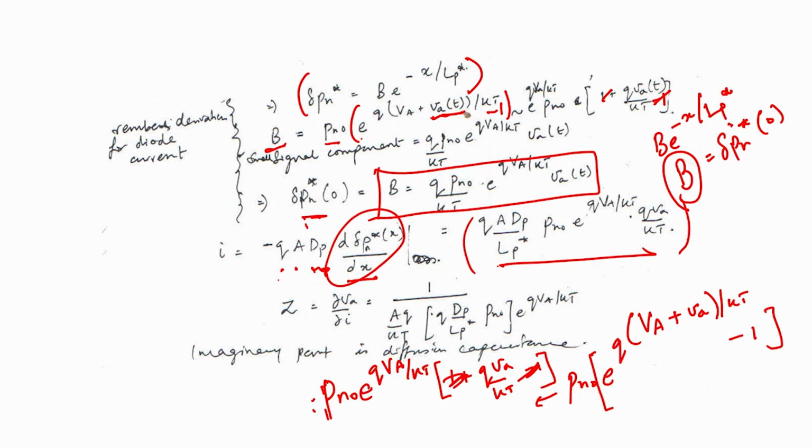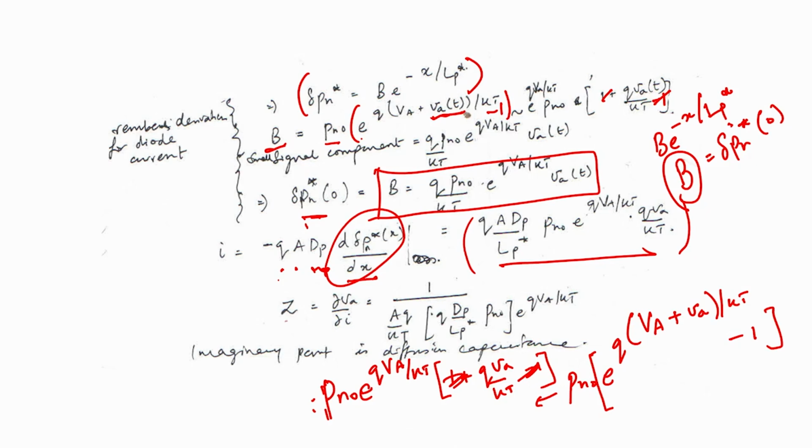So, that is the current, that is the small signal current due to the voltage fluctuation, the small signal voltage fluctuation set at a DC bias of capital VA.